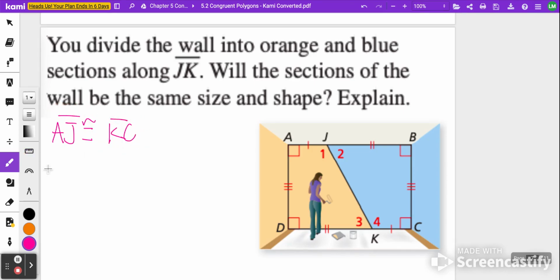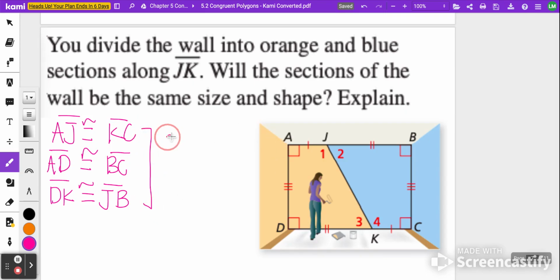We know that AD matches with BC, and we know that DK matches with JB. So since they all have the same lengths, that means the wall is divided evenly.